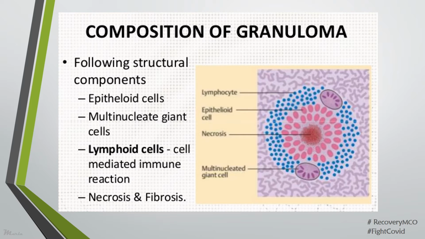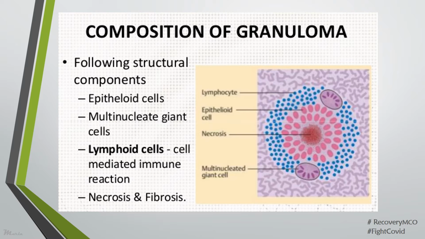As I already mentioned, granuloma is a histological term. To identify granuloma in a piece of tissue, we should be able to identify the following features. As I mentioned, granuloma is a focal collection of macrophages. However, in most of the cases, macrophages do not appear as few scattered cells in the tissue.